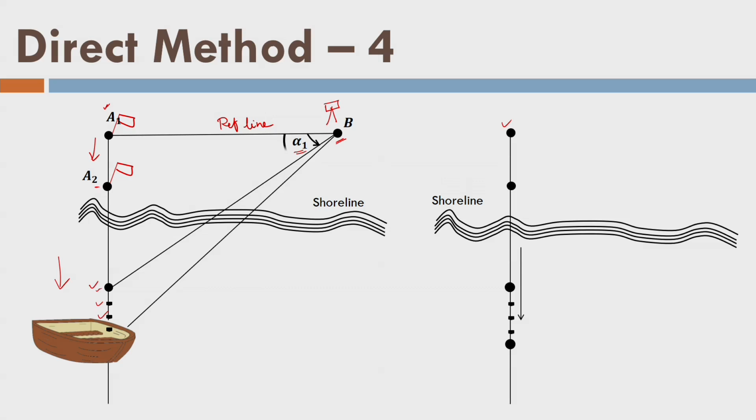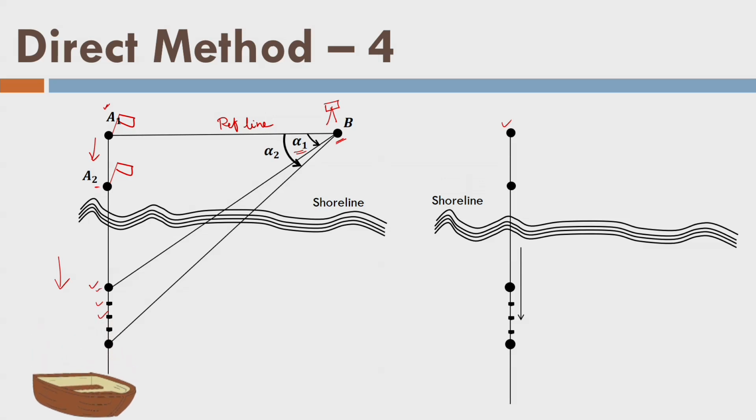So, this angle is my alpha 2, and we will repeat this process. Like this, we will also have some more. The time there is basically the measurement of the sounding. That means I am noting down here x, y, z, that is x1, y1, z1, here x2, y2, z2, and x2, y2 will be calculated later from these distances.